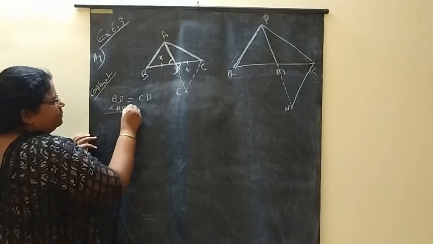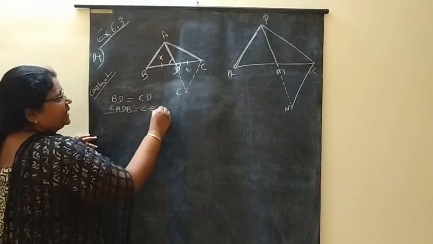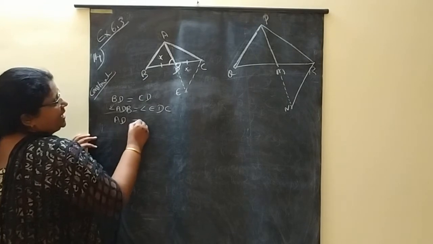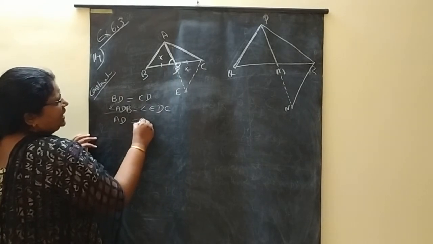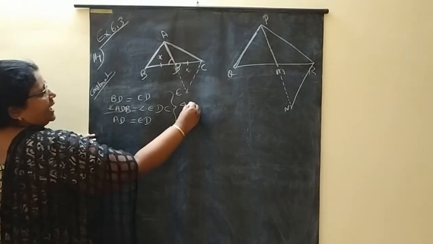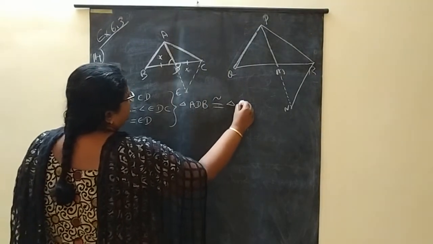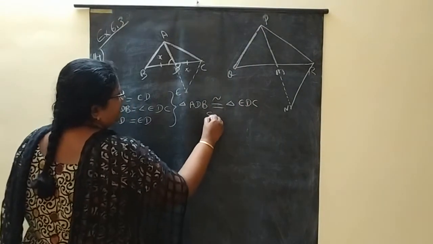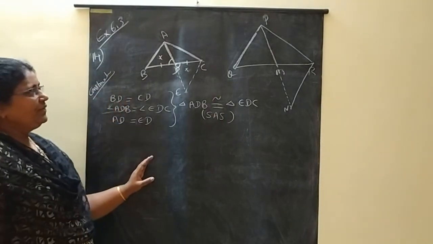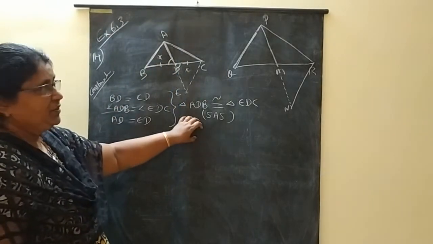Angle ADB is equal to angle EDC, vertically opposite, and AD is equal to ED by construction. By using these three, we can tell that triangle ADB is congruent to triangle EDC by SAS axiom. Understood? So first we are taking these two triangles and proving that they are congruent.